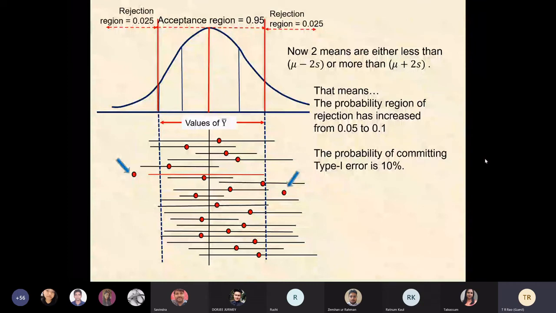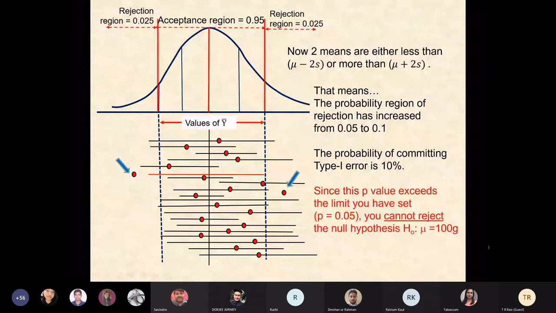So now the probability of committing a type 1 error is 10% instead of 5%. If you set up this hypothesis with 95% acceptance and a 0.05 level of type 1 error, and you get 2 values, then the p-value has exceeded 0.05, right?